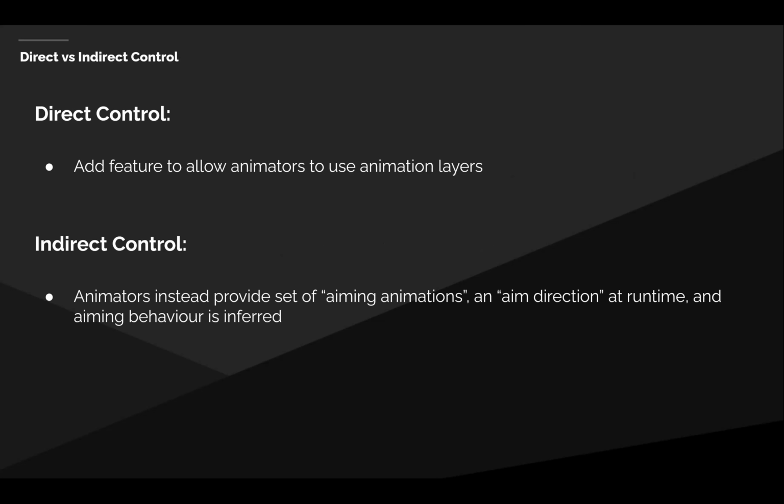So the direct control solution is to add a feature for the animators so they can layer an animation on the top and have an animation on the bottom and have a separation of the character. The indirect control one is more like, okay, we're going to let the animators provide a set of aiming animations, and then at runtime, they're going to say where the character's aiming, and we're going to infer what the animation should be for the top half of the character.